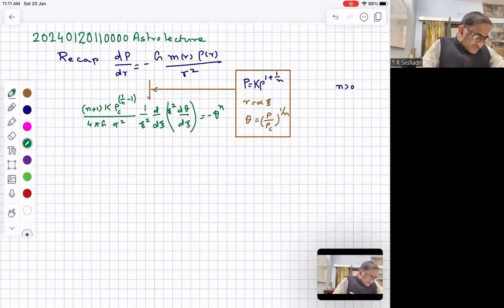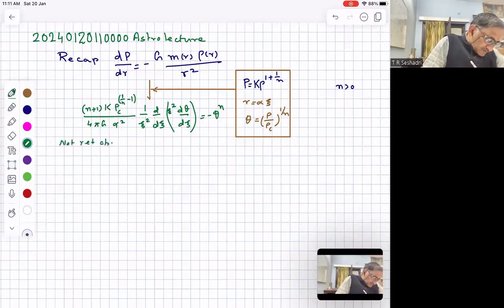Okay, so this we had shown. And then we said we have not yet chosen alpha except to say it has dimensions of length.